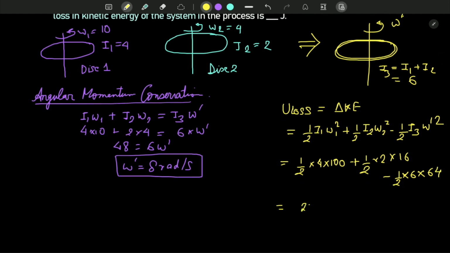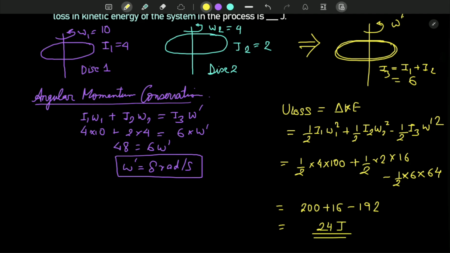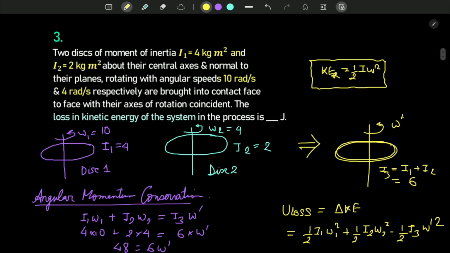So ultimately I will get 200 plus 16 minus 192. So this turns out to be 24 joules. So the correct answer to our question, the loss in kinetic energy of the system in the process, is 24 joules.